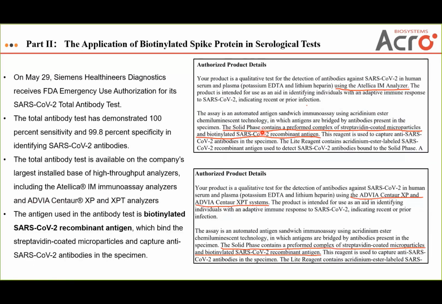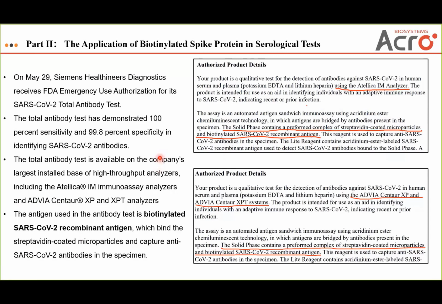In addition to unconjugated antigen products used in serological test kits, the biotinylated SARS-CoV-2 recombinant antigen is also employed in commercial chemiluminescent immunoassay products. On May 29th, Siemens Healthineers Diagnostics received FDA emergency use authorization for its SARS-CoV-2 total antibody test.